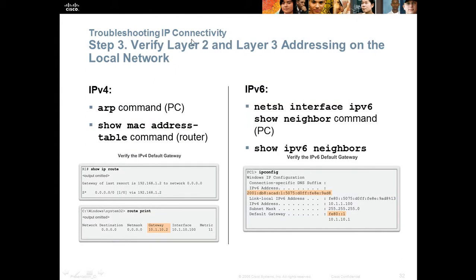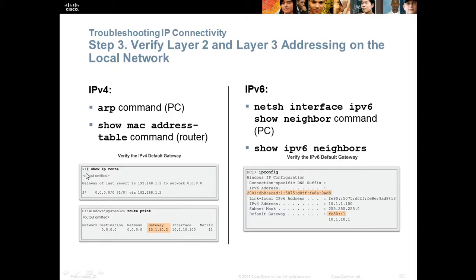Troubleshooting IP connectivity, step number 3, how to verify layer 2 and layer 3 addressing on a local network. If IP version 4 is used, we can use the ARP command at the computer and issue the show MAC address table command on the router.